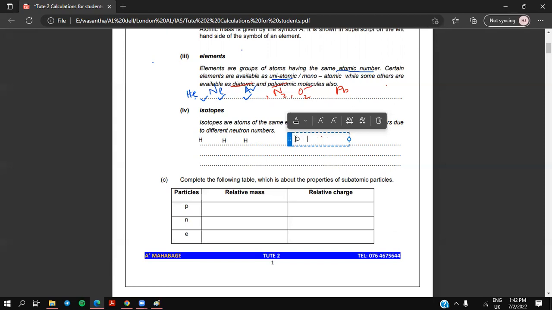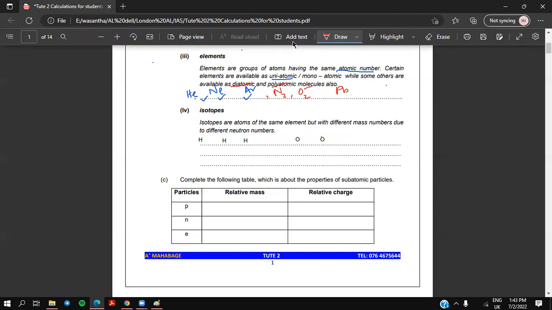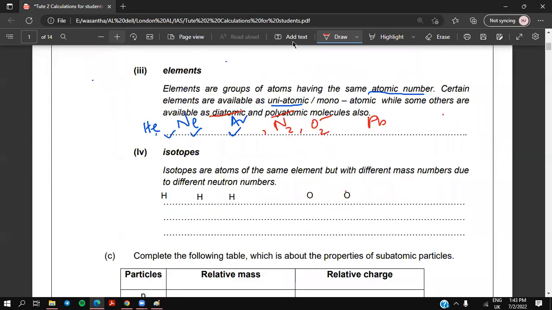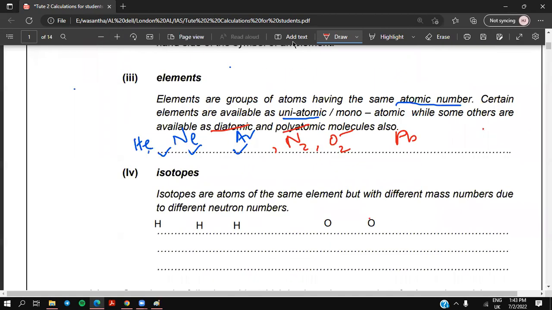Oxygen. Oxygen. These are atoms, different atoms. Why have I drawn 3 hydrogen atoms here? Because you will see some hydrogen having, I think I can increase this a little bit.